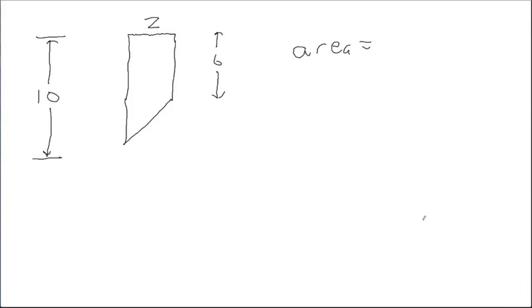Okay, so the area of the triangle is 1/2 the base times the height. The base is 2, and the height is 4. We got 4 from 10 minus 6. That gives us the height of the triangle. So 4 times 1/2 times 2 is 4. So the area of the triangle is 4. And then the area of the rectangle is 6 times 2, which is 12. So total area is 16.